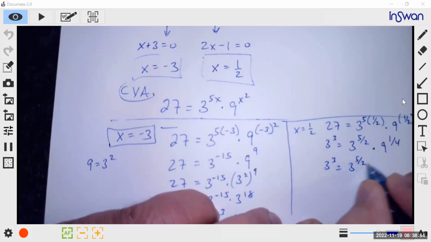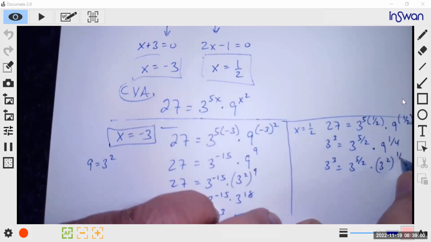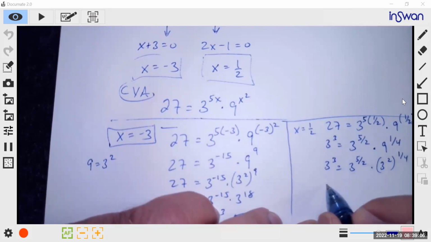Three to the 5/2. Remember, 9 is 3 squared. So 2 times 1/4, or 2 divided by 4, is 1/2.